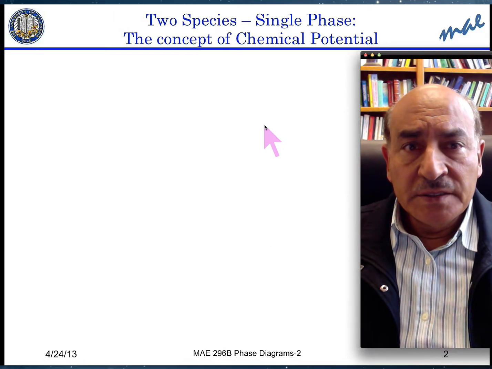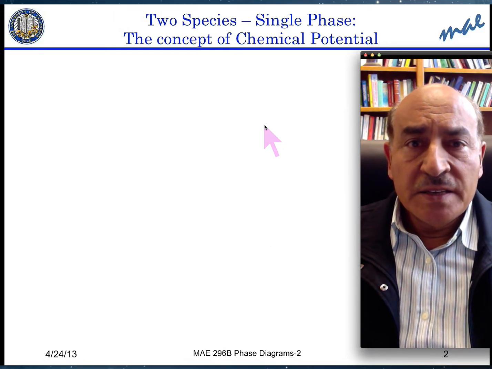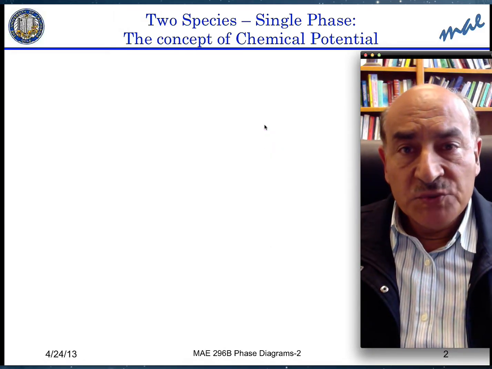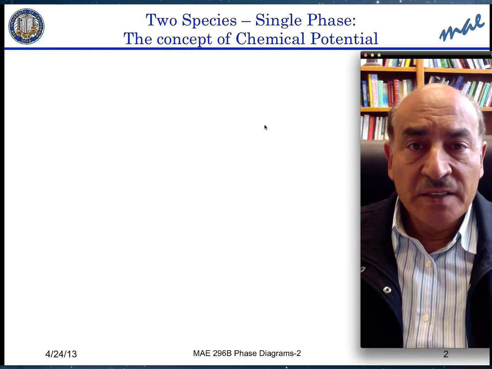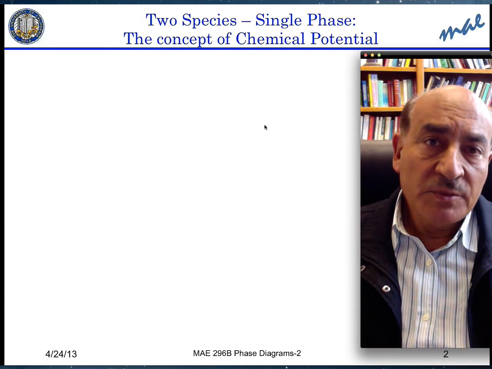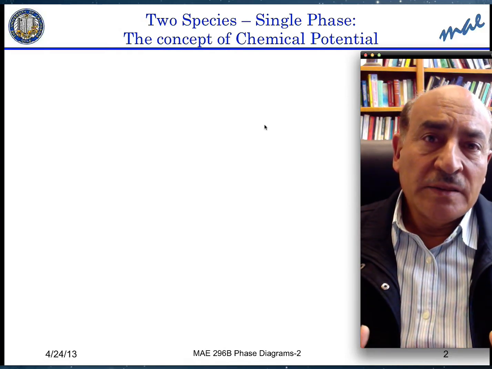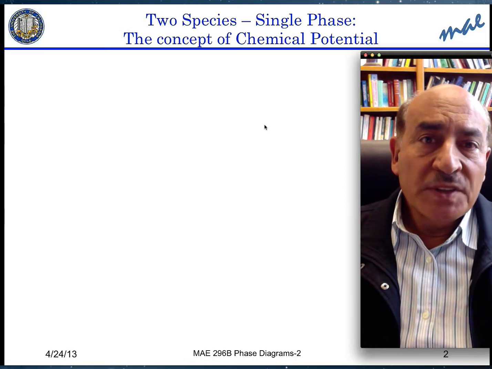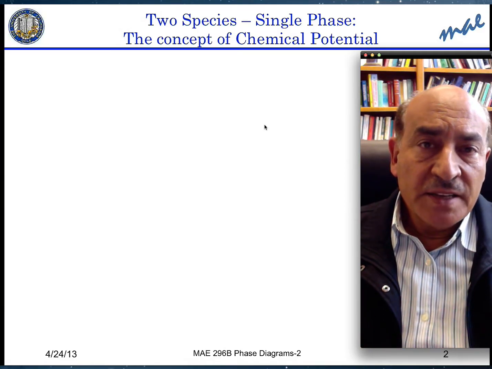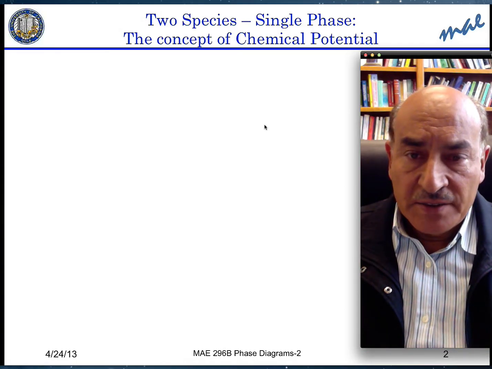And the equilibrium between phases is going to be defined in terms of the chemical potential. We need to first be able to write down what the chemical potential is from the Gibbs energy or the thermodynamic data that we have.